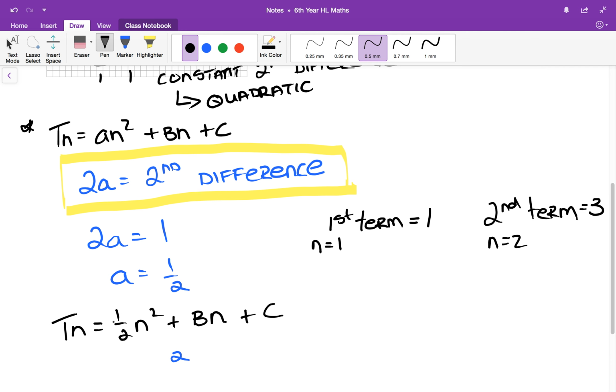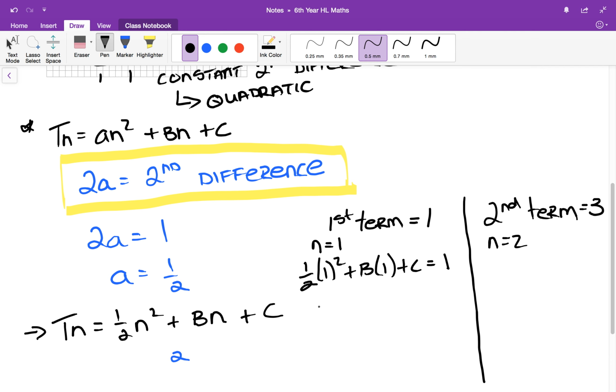So we take the expression as we have it, and we do a half times 1 squared plus b times 1 plus c, replacing the n's with 1, and we know that the answer to that is 1.